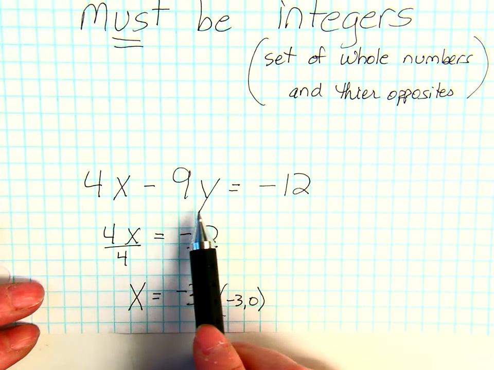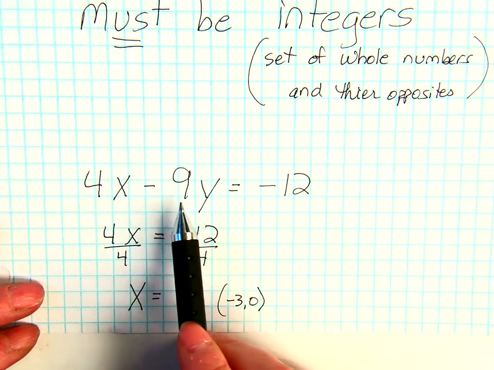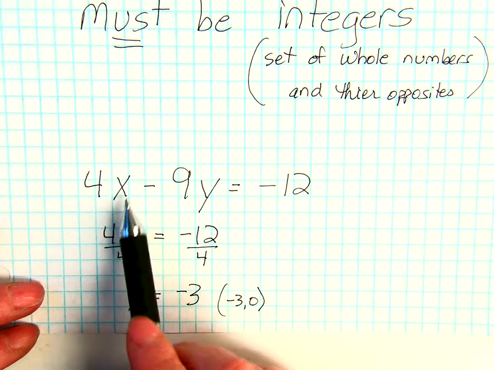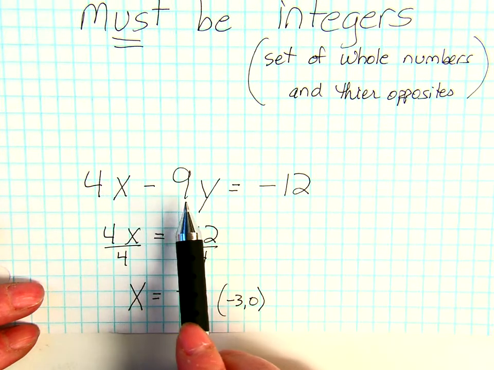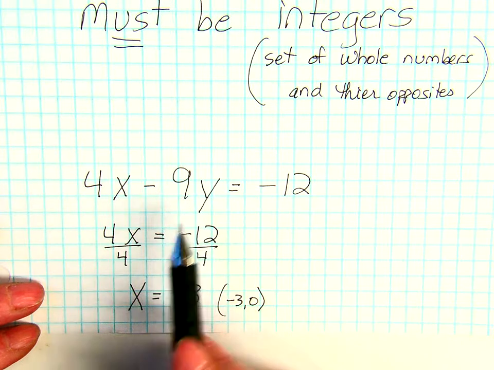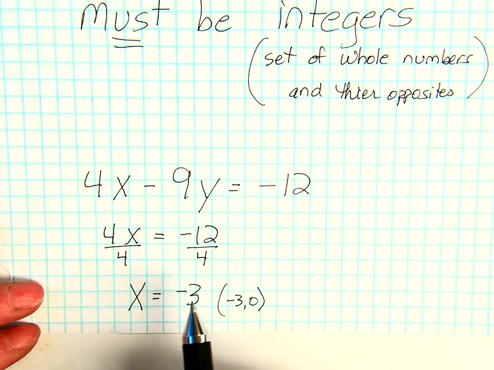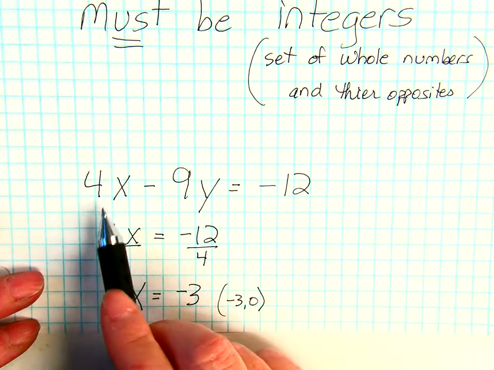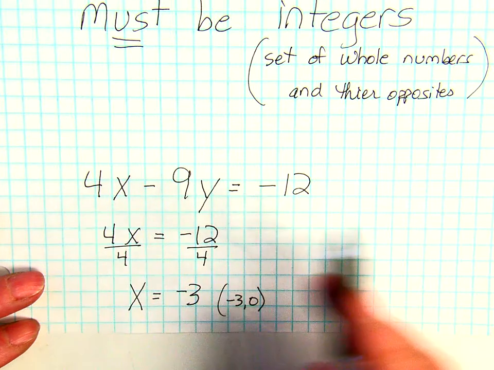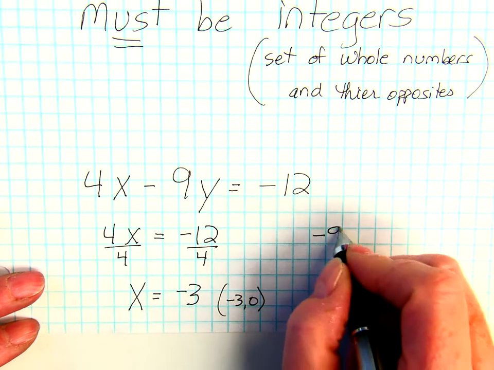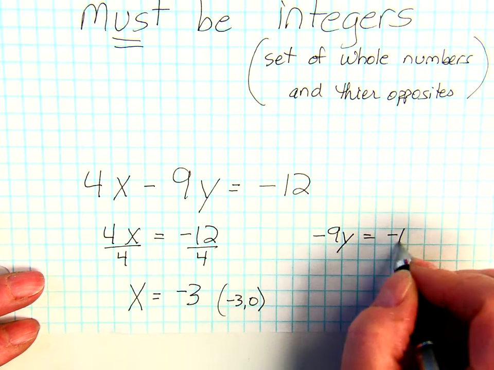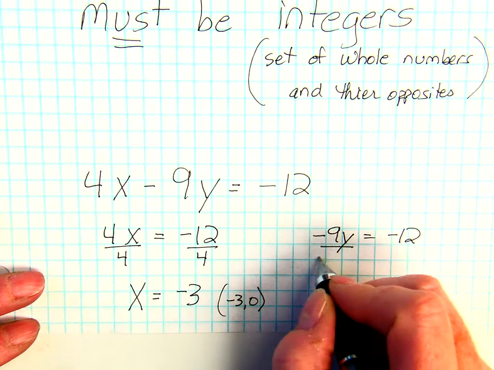Now, to find my y-intercept, I do the same thing. x has to be 0 when my line crosses the y-axis. So I'm going to set this to 0, and I'm going to say negative 9y is equal to negative 12.